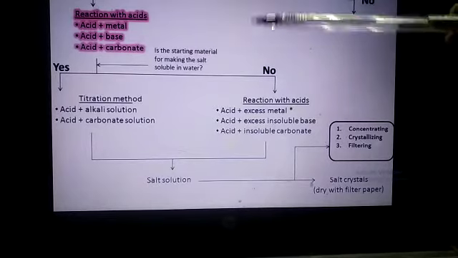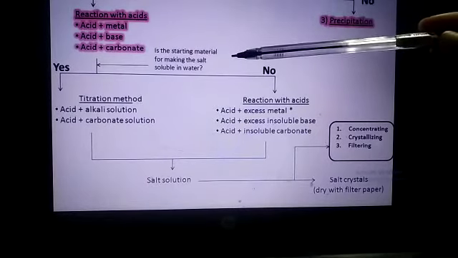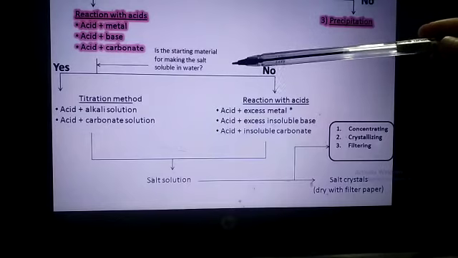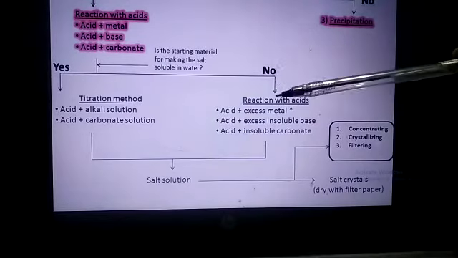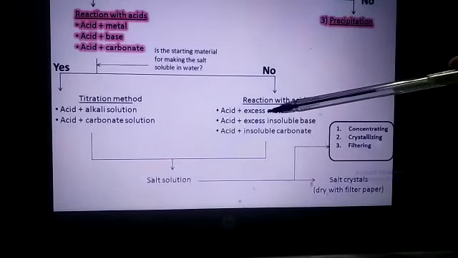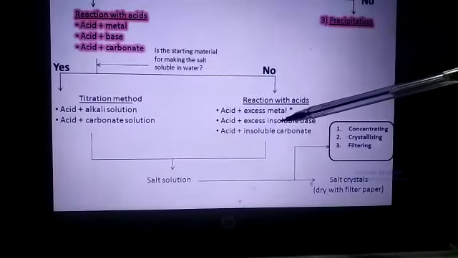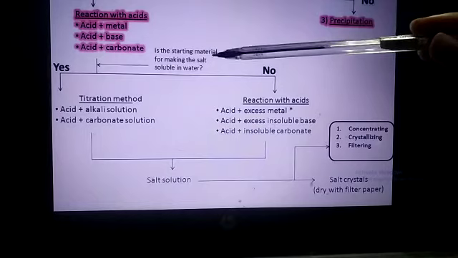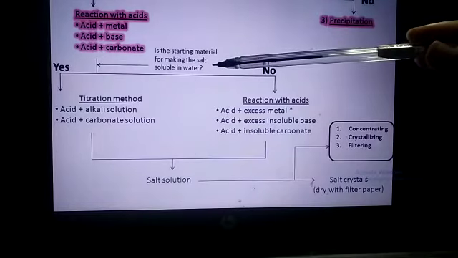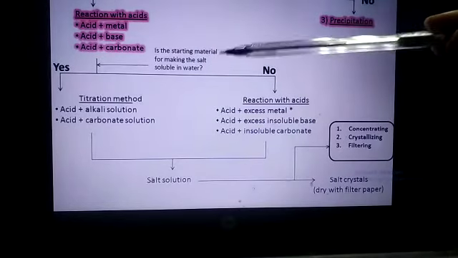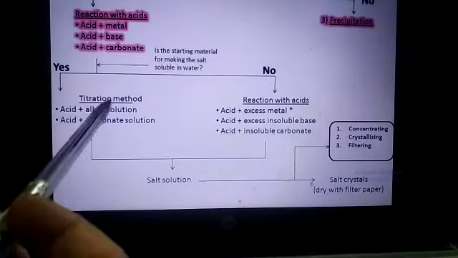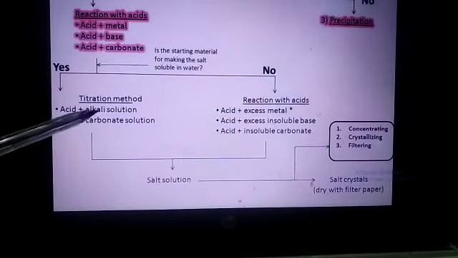Then they are categorized according to whether the reactants are soluble or insoluble. Is the starting material for making the salt soluble in water? If yes, then we will use the titration method, meaning acid with alkali solution, or acid with any carbonate, where both are soluble.